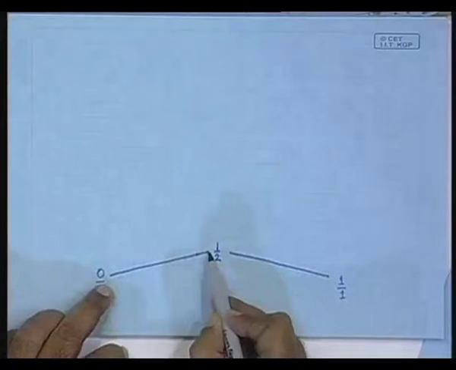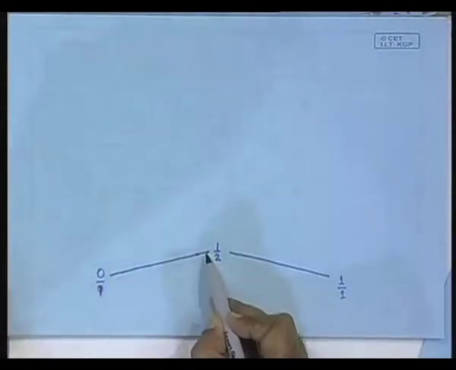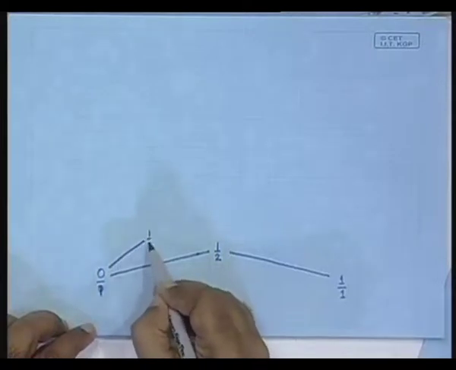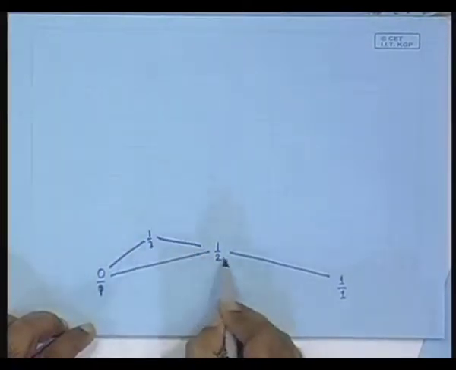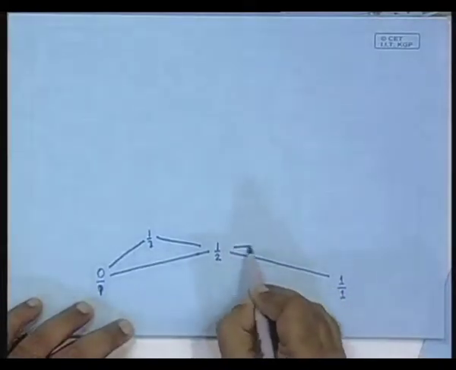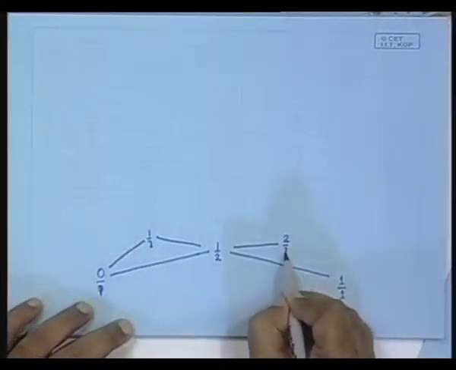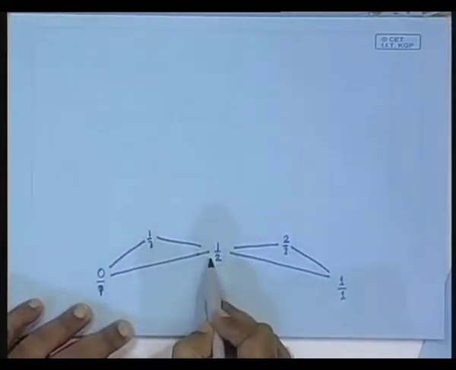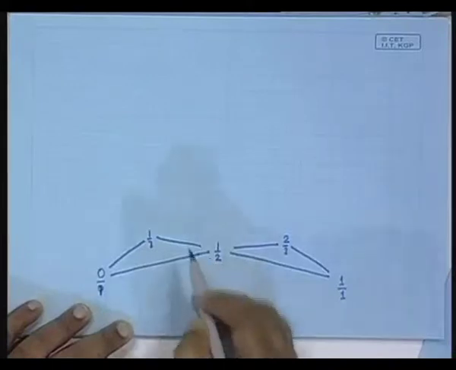In between these two, what ratio do you expect? 1 by 3, yes. In between these two, what ratio do you expect? 2 by 3. In between these two, what ratio do you expect? 2 by 5, yes.